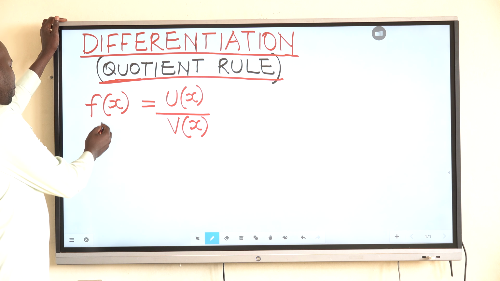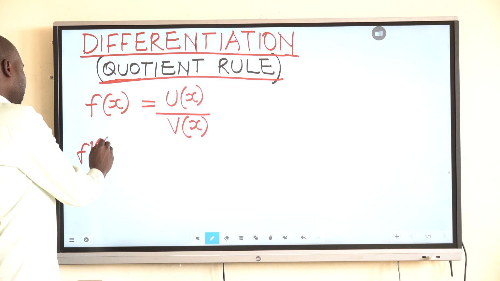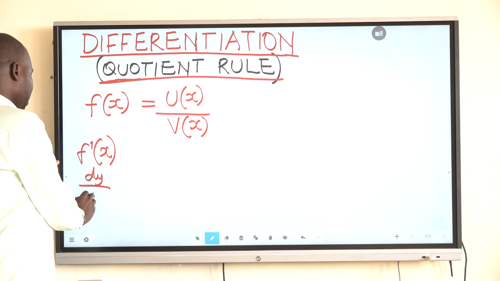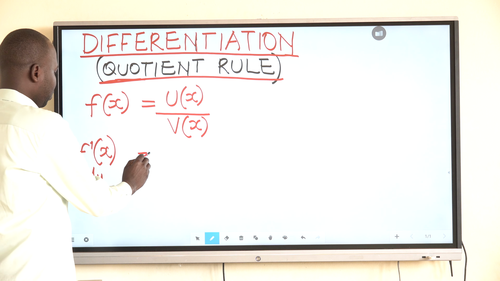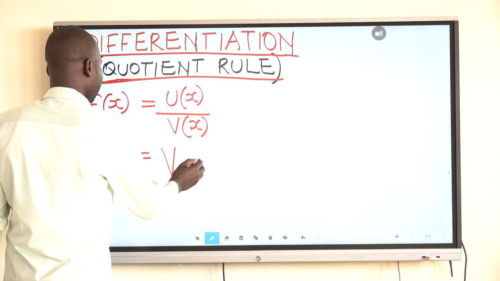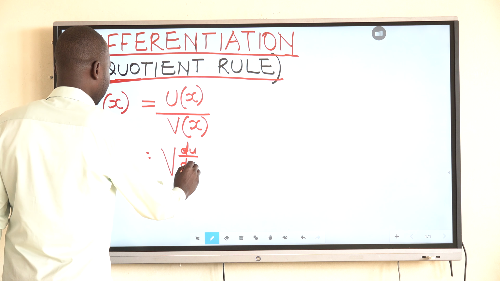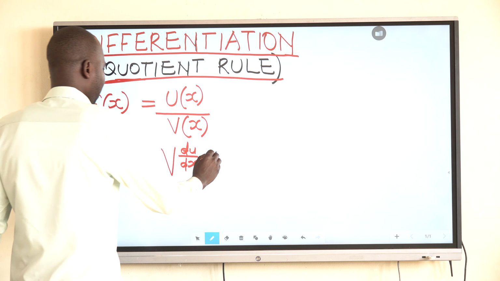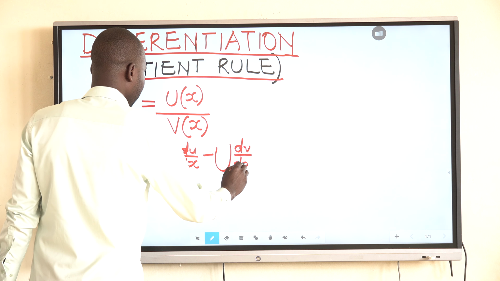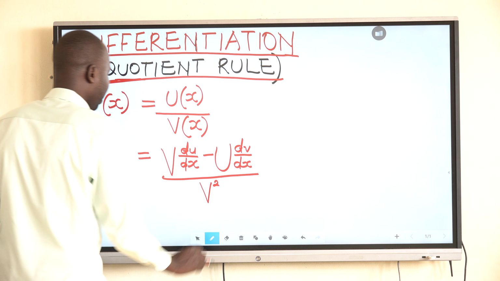To get the derivative of this function, which is f prime of x, this f prime of x is also the same as dy/dx. The general formula that we use here is v du/dx minus u dv/dx, everything divided by v squared.